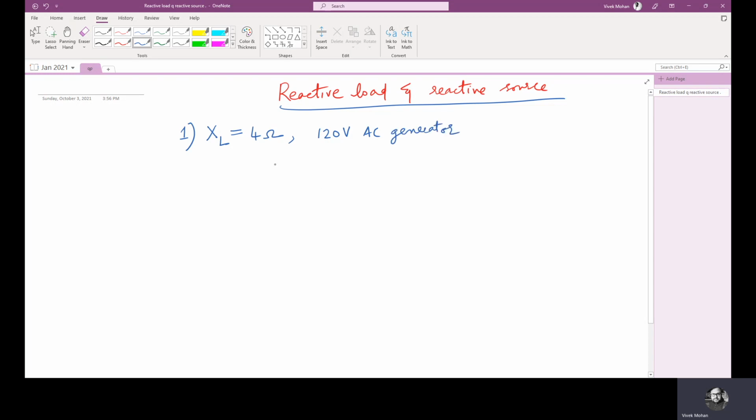It will look like this. I'll draw the circuit. This is the 120 volt generator connected to a reactor of 4 ohms, which I am writing as jXL.